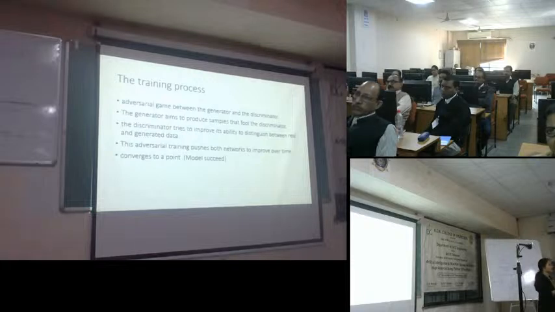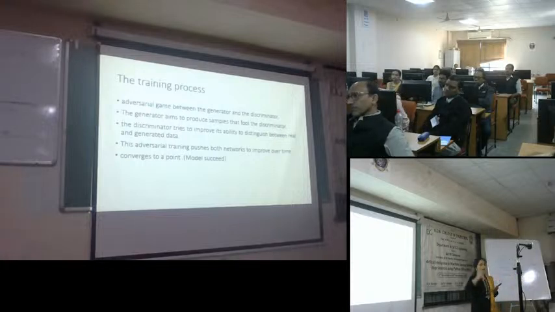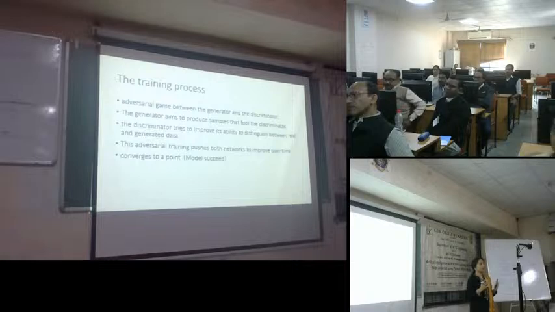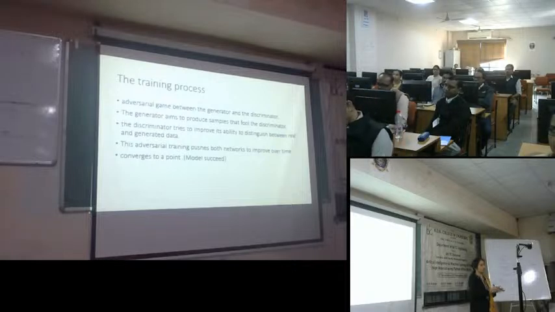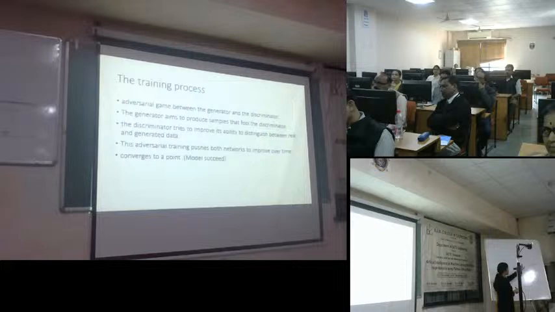Now, how does the training process work? It is an adversarial game between the generator and the discriminator. As I told you, my generator and the discriminator are nothing but competitors. So there is a game going on between them. The generator generates sample fake images, and these sample fake images go to the discriminator.